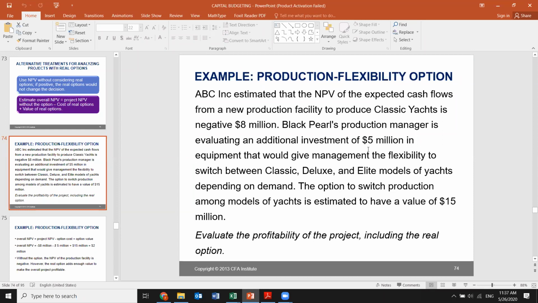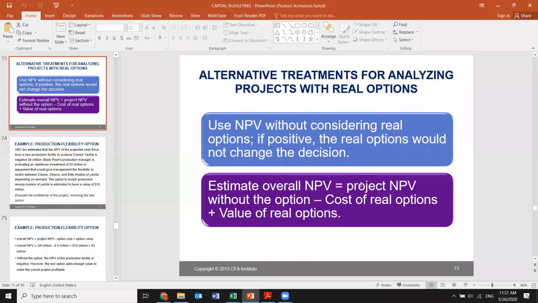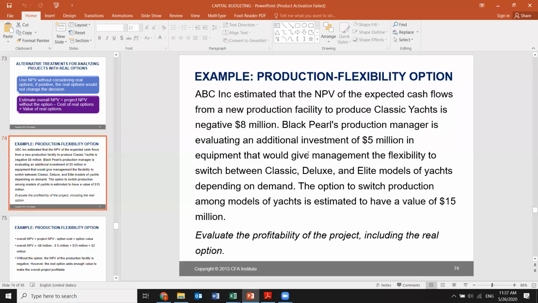But at the end, we know that with this extra investment, it's going to add the value of 15 million. So to do this, it's just simple. Using this formula, the project NPV, which is minus 8, minus the cost, which is 5 million, plus the value it adds after using this option.